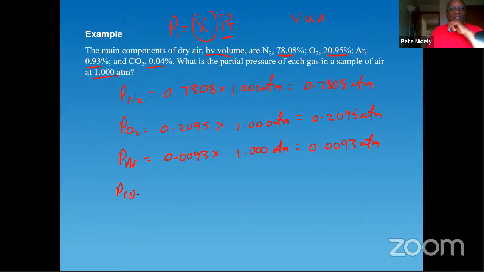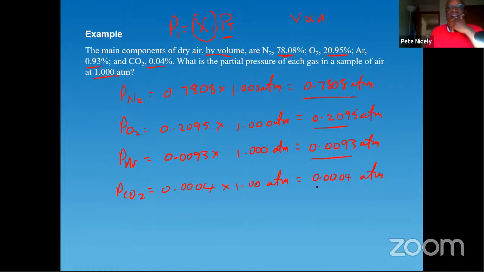The partial pressure of CO2 is equal to 0.04 divided by 100. I'm sorry about that. Let me erase this here. So that should be 0.0004 times 1.00 atmospheres, and that would be equal to 0.0004 atmospheres.